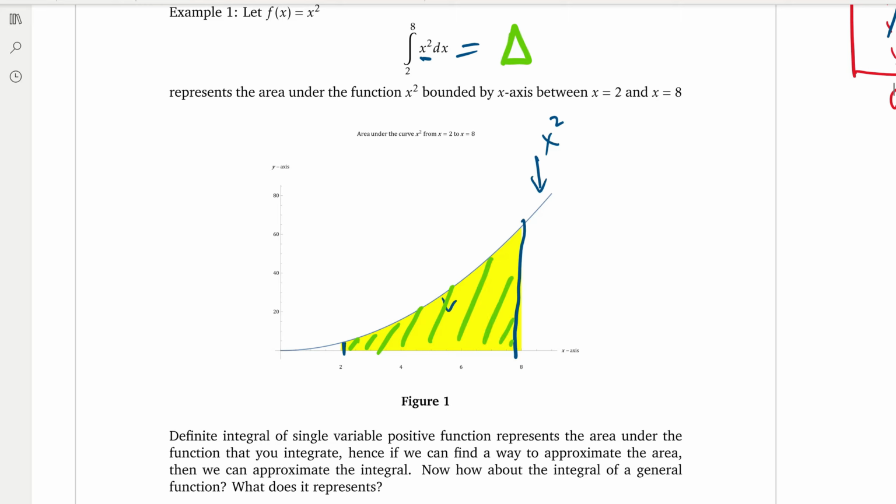Is it a polygon? No. There's no formula you can use to calculate this area, so we have to estimate it. We are going to use a geometric method to estimate that area, and that geometric method is approximate integration.